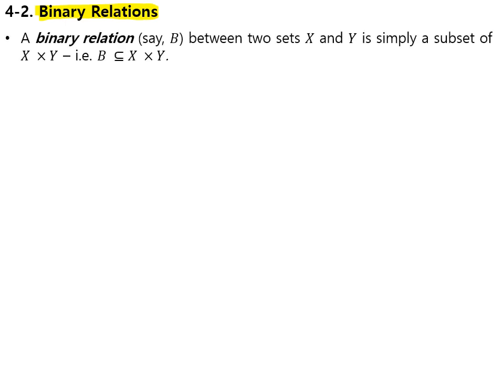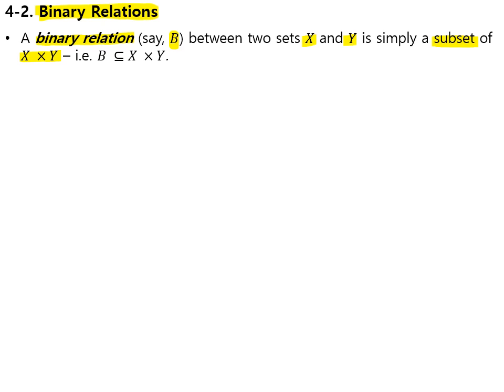Okay, so based on our definition of Cartesian products, let us now try to understand what binary relations are. A binary relation, and we're going to use B to denote a generic binary relation, between two sets x and y is simply a subset of the Cartesian product between x and y.